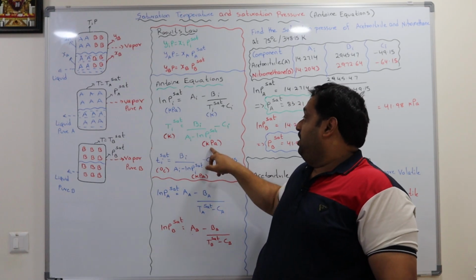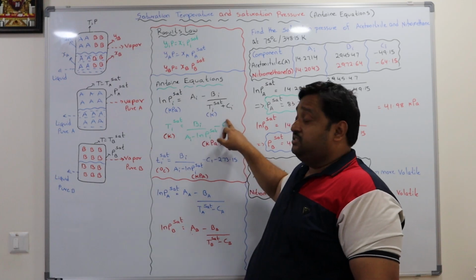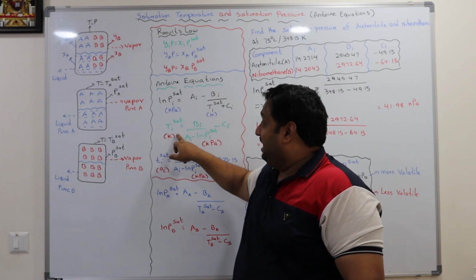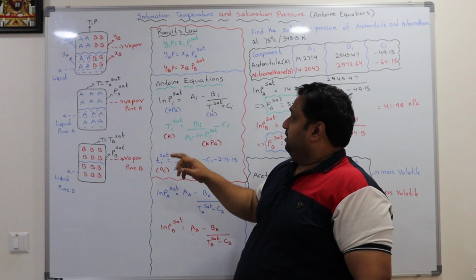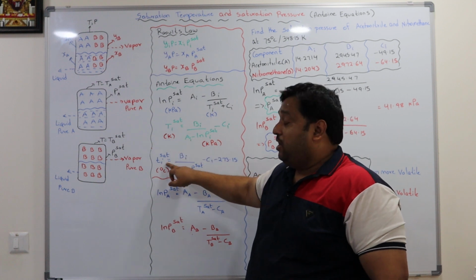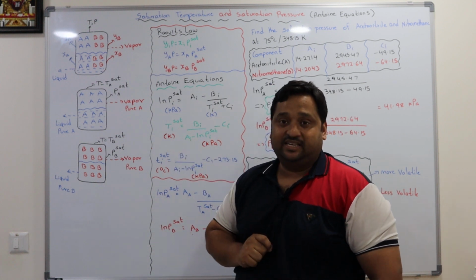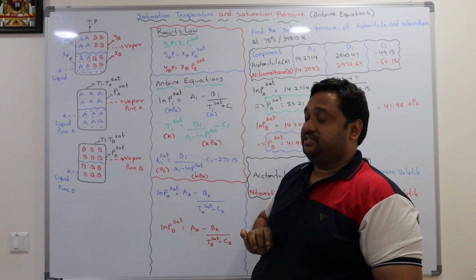Similarly, if you give the value of pressure in kilopascal here, with the A, B, C constants of that component, you can calculate the saturation pressure of that component. In the same expression, capital T is in Kelvin and small t is in degree centigrade. That is why you subtract 273.15.